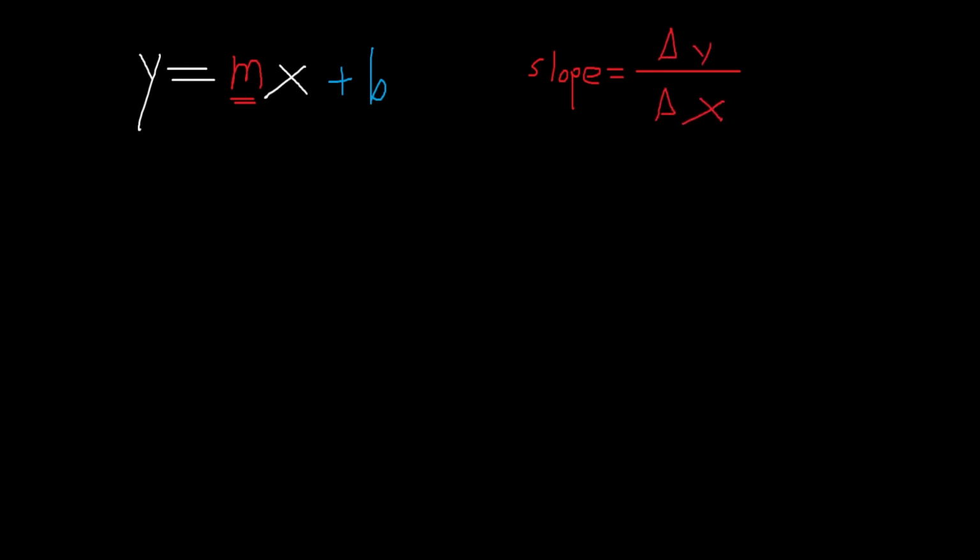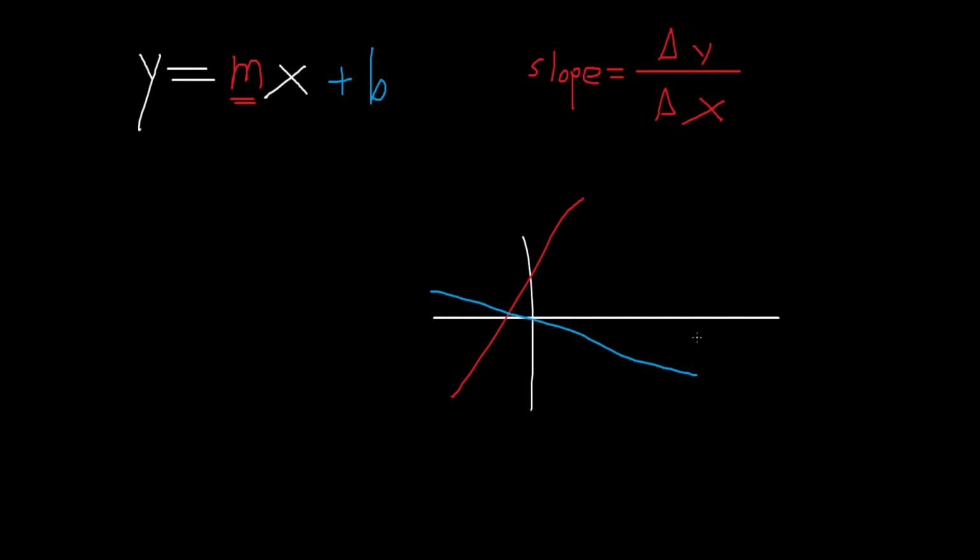For instance, if we were to have two equations, so let's say we have one equation that goes like this and another equation that goes like this. One of these, as we move to the right, is moving up. There is a change in x that tells us how far it moves forward, and a change in y that tells us how far it moves up.